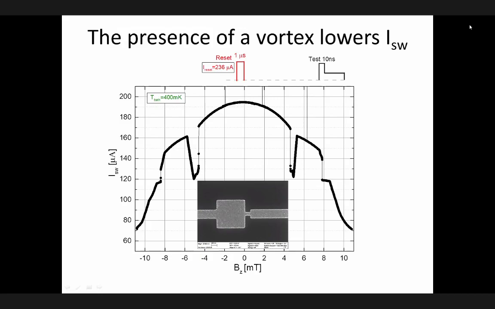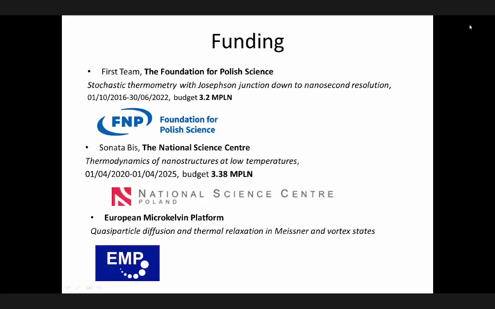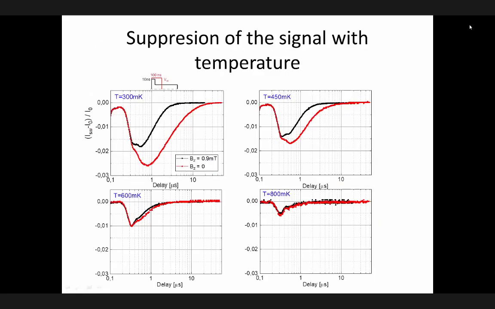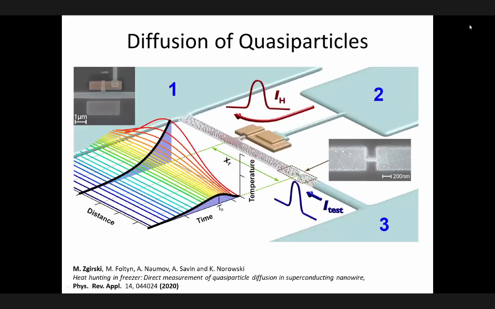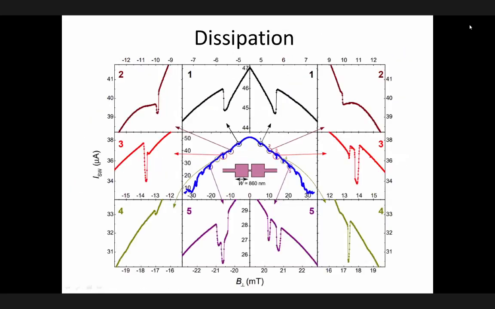This is what I am currently studying. The first question: do you see a signature of these configurations with similar energies in the switching statistics, not just in the mean switching current?